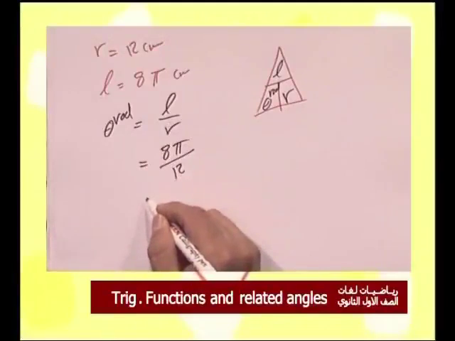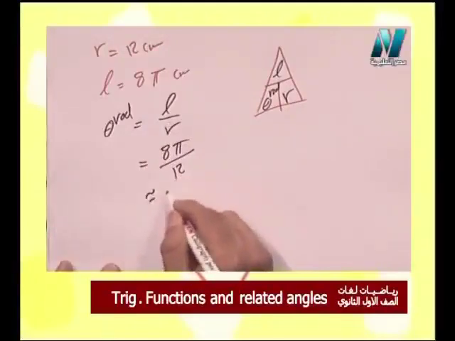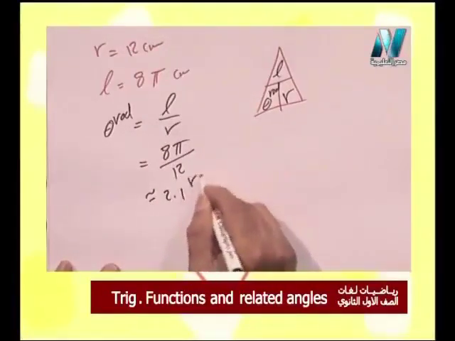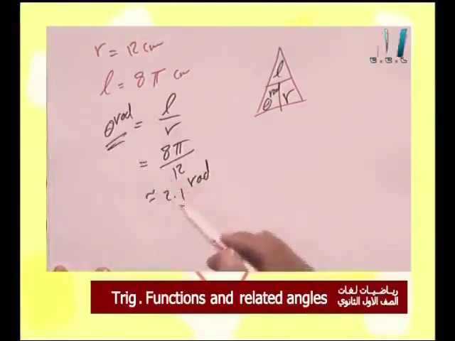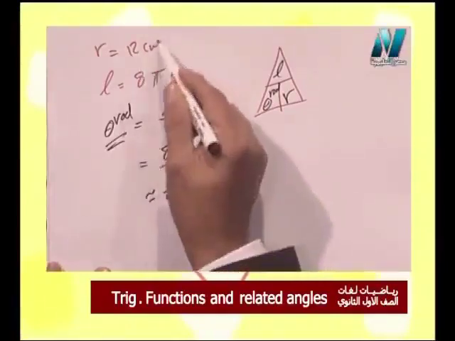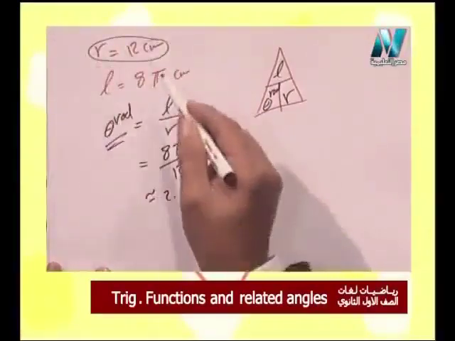In simplest form will be approximately 2.1 rad. Okay, it's easy now, we found the theta rad if he gives us the radius of the circle and the length of the arc.